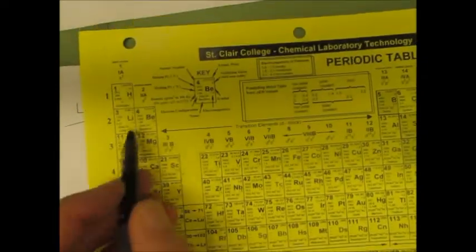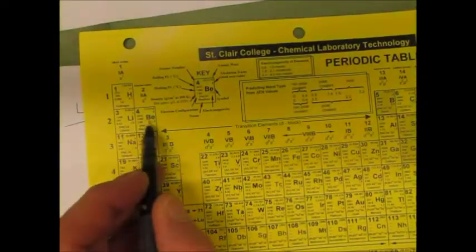And what they'll say is, when you jump from the 2s block, so you move on to beryllium and you go to boron, right? So then you have beryllium, which would look like this: 1s, 2s, 2p. And now you move on to boron. So boron would look like that.